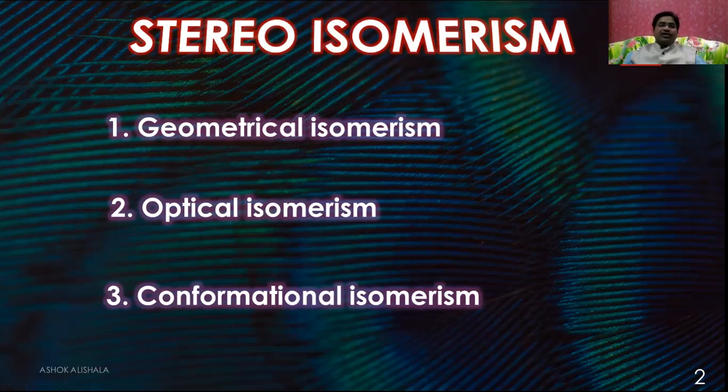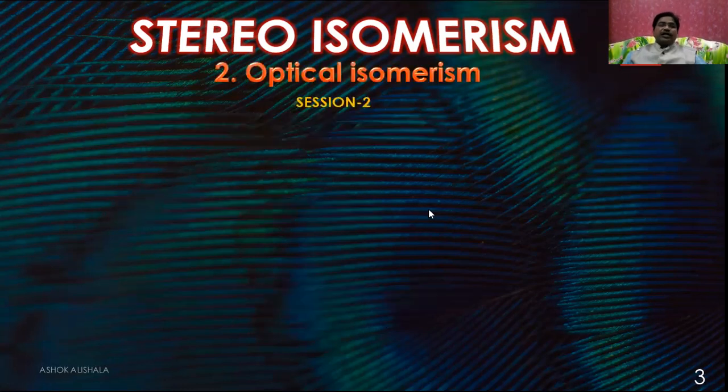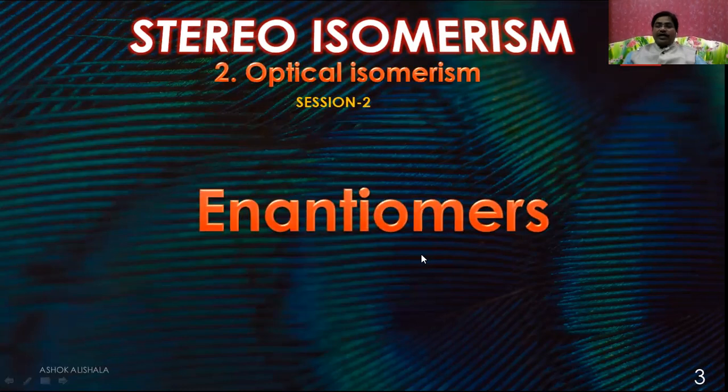Today, in optical isomerism, we will discuss what enantiomers are, which compounds are called enantiomers, and what their physical and chemical properties are, and how they differ from different structures.